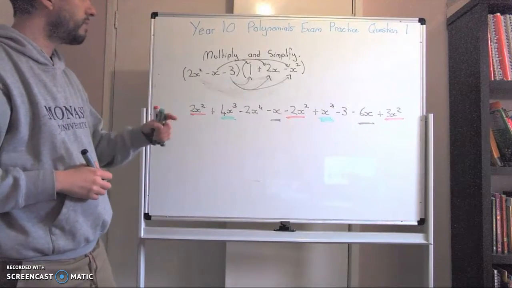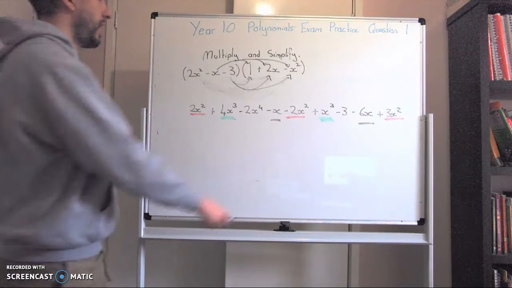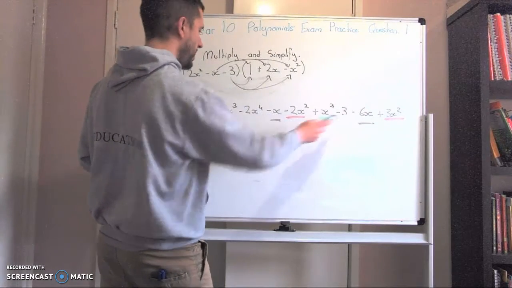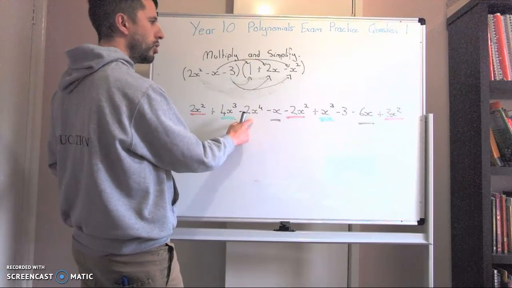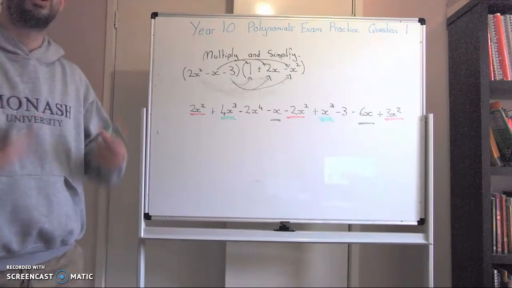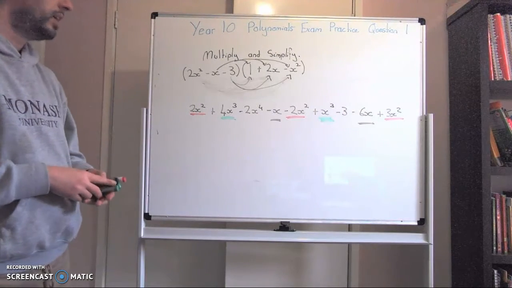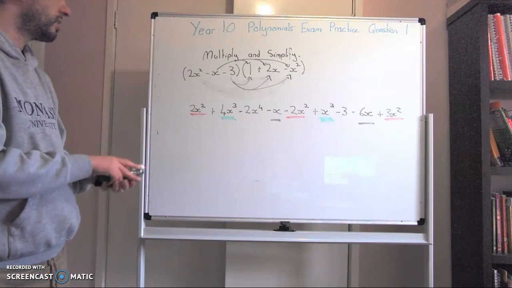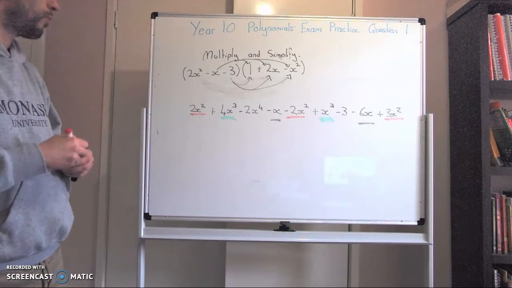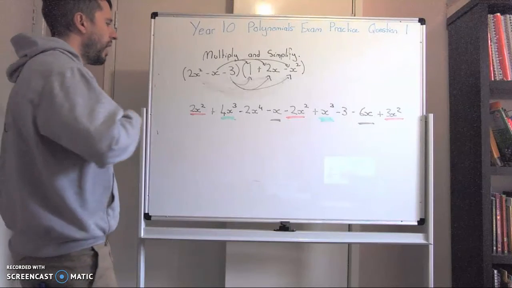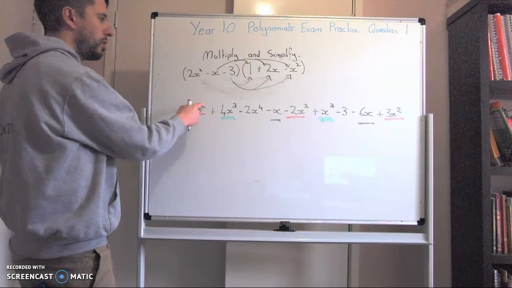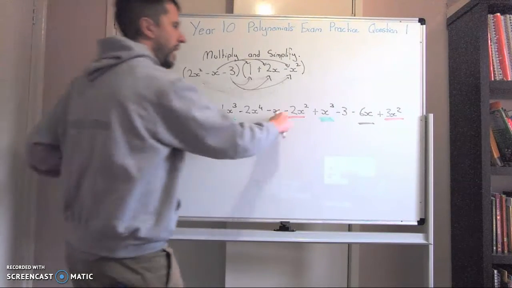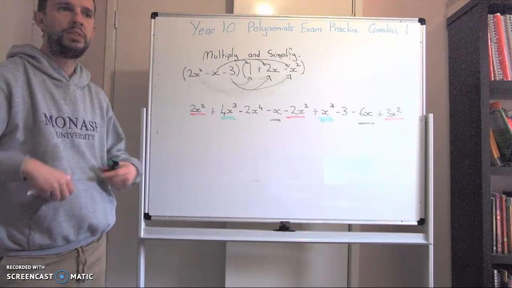Now I've left one thing, and that is the negative 3 over here. And the second thing is negative 2x to the power of 4, because there's no like terms to that. So I'm going to slowly work through these colours. I'll start off with my red. If I've got 2x to the power of 2, and I take away 2 groups of them, that leaves me with none.